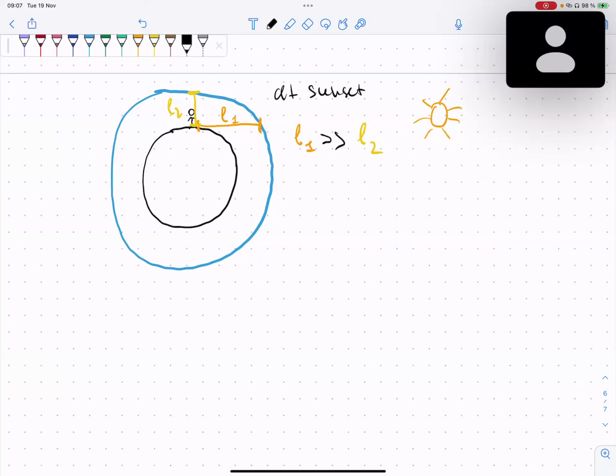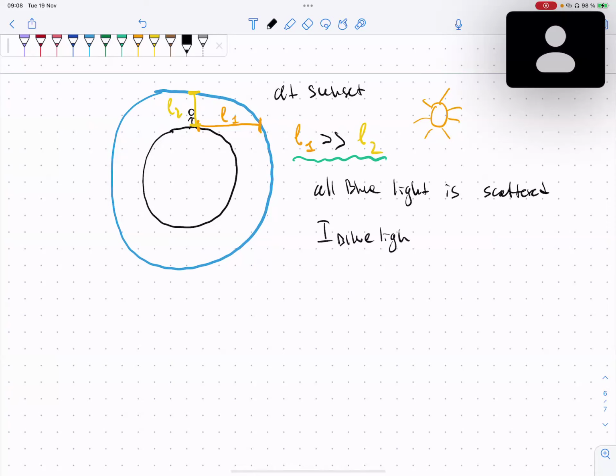And because of this, all the blue light is scattered, and the intensity of the blue light becomes so negligible compared to the intensity of the red light.